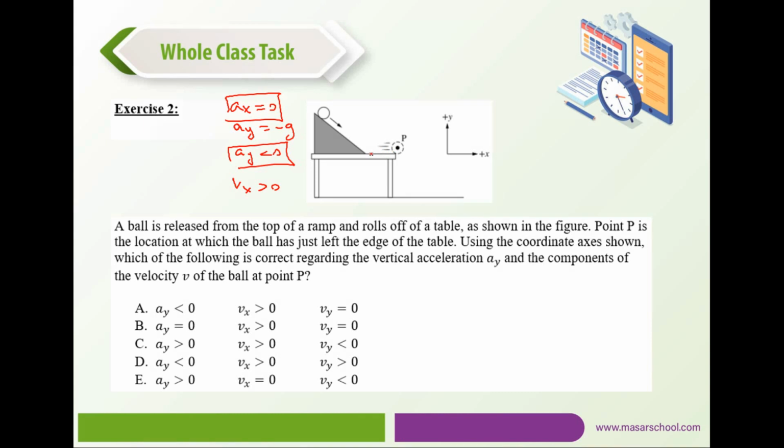Now because it's being launched from a level surface, we know that in this case the launch angle theta would be 0, which means that the vertical component of the initial velocity would be 0. Now let's choose the correct answer. We have that AY is negative, so we're interested in this and in this. Now Vx is positive in both cases, that's fine, but Vy is 0, so A would be the correct choice.